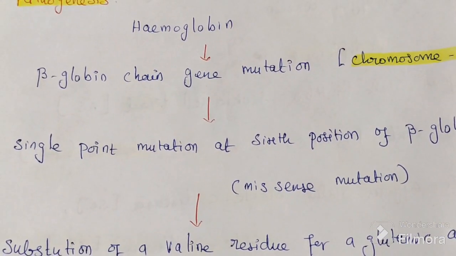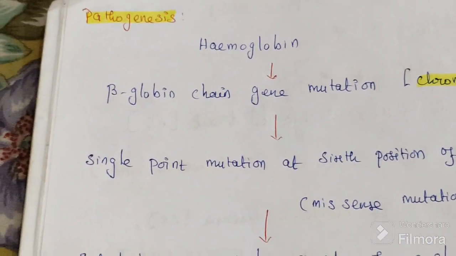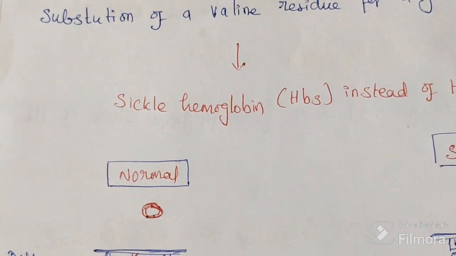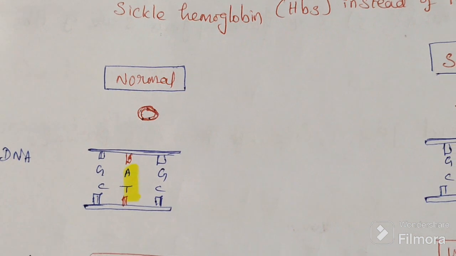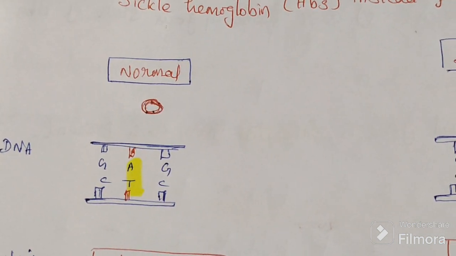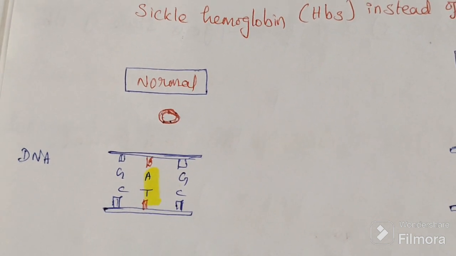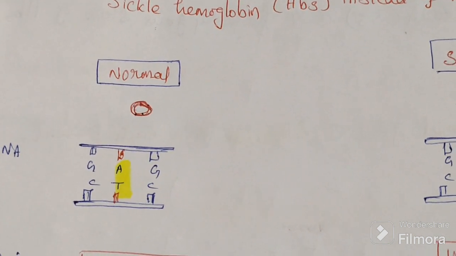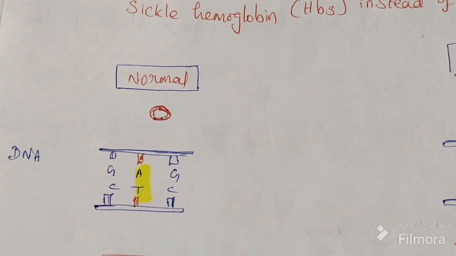Now what is that point mutation? See this diagram. In this diagram you can see the gene and the codons of the beta chain.